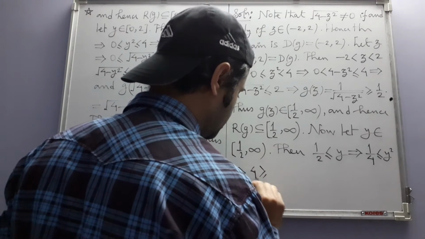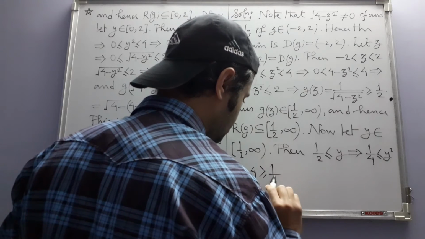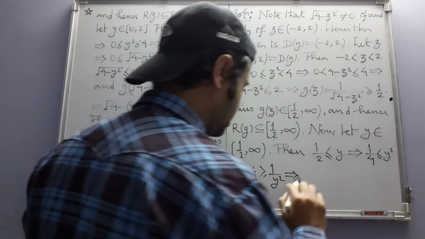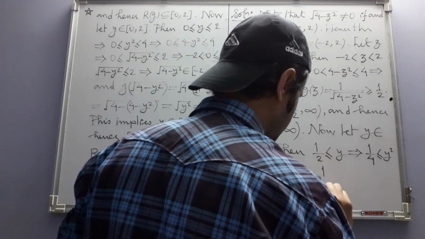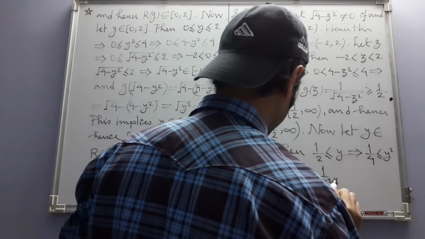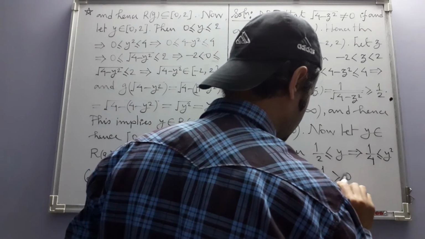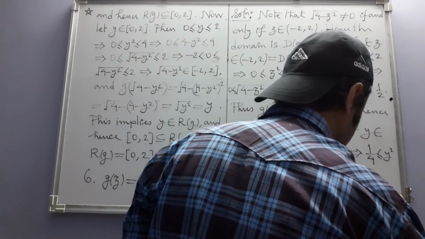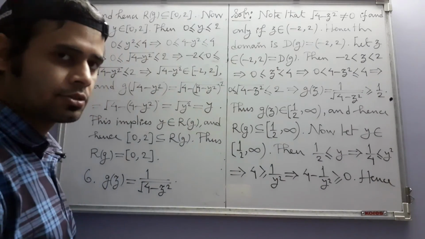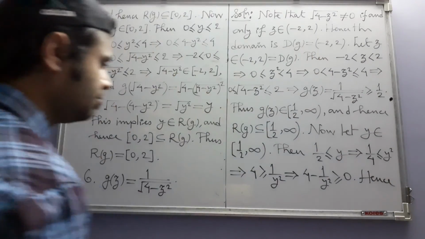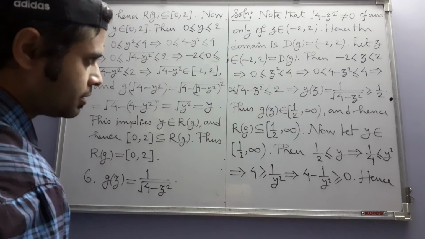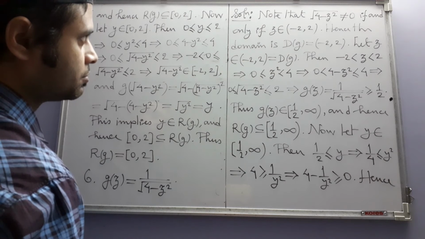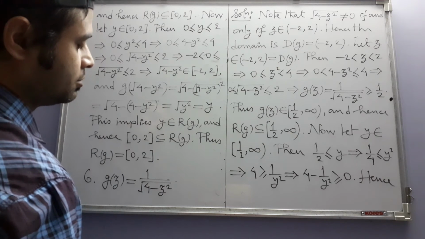The inequality will get reversed, and so 4 minus 1 over y squared is greater than or equal to 0. Hence we can take its square root because it's a non-negative real number, and its square root will belong to the domain.